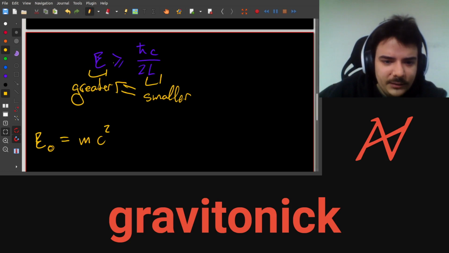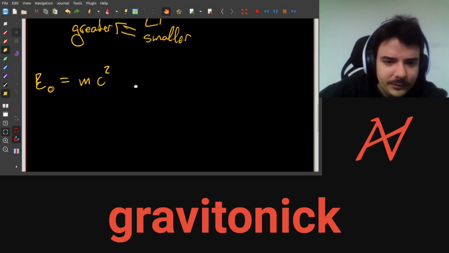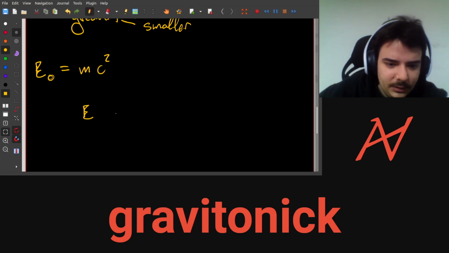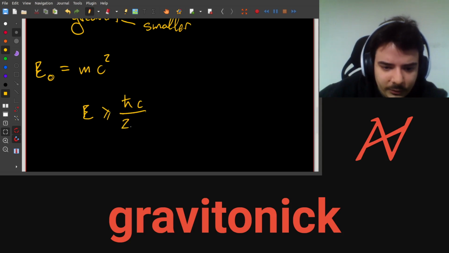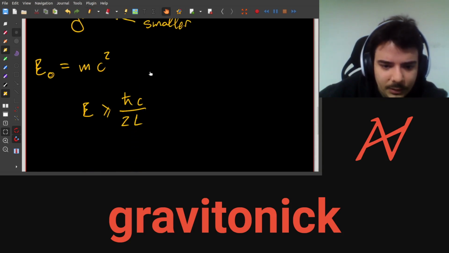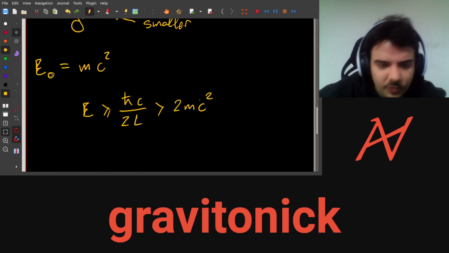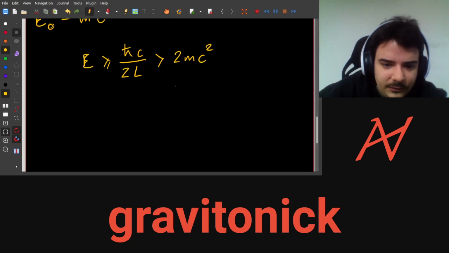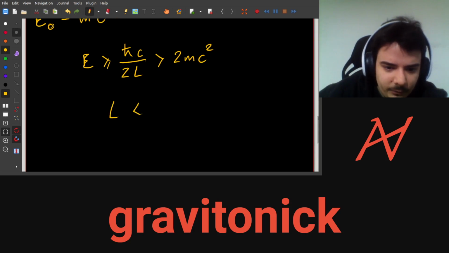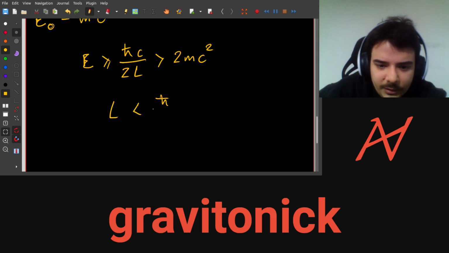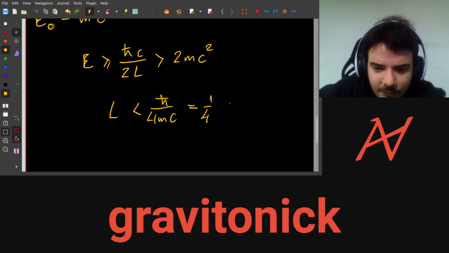Now, since we can make this energy really big by making the box really small, there is a point at which we can make E greater than or equal to h bar c over 2L larger than 2mc squared, which means larger than the energy necessary to create two particles. This is going to happen for very small boxes, namely for boxes with L smaller than h bar over 4mc, which equals 1/4 of the so-called Compton length for the mass m.